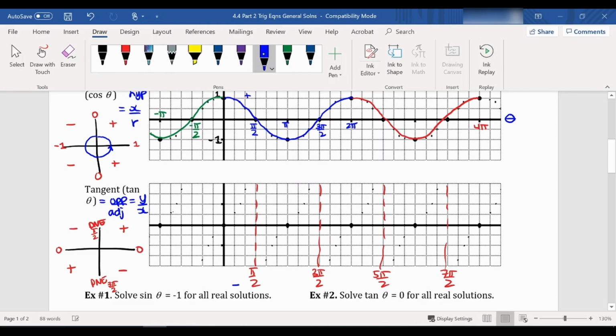We know that tangent is 0 on the x-axis, which would be 0, pi, 2 pi, etc. So 0, pi, 2 pi, 3 pi, 4 pi. Okay. And we know that if we're looking at this first one here, at 0, it's 0. But then when we go in the forward direction, we have positive values.